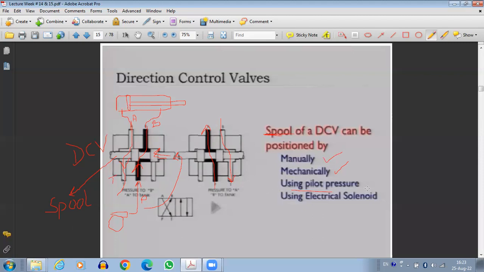So we can use a pilot pressure line to actually move the spool itself. Then we can use electrical solenoids to move the spool. But anyways, this is the basic description or the functioning of a direction control valve, basically operated by a spool.